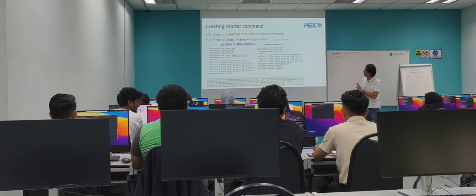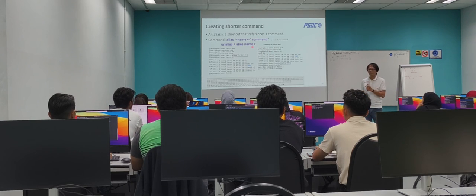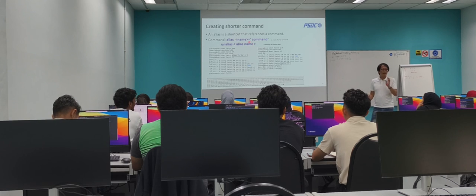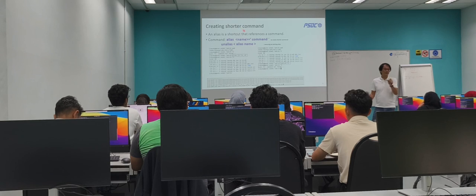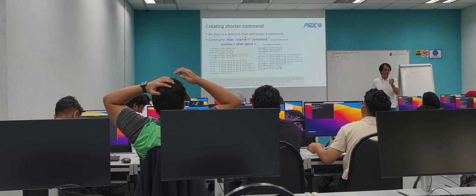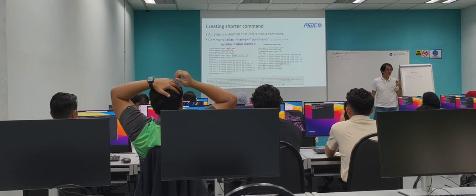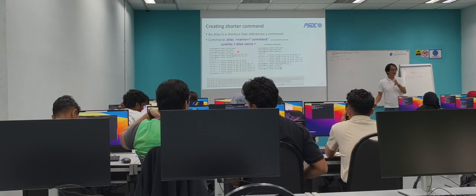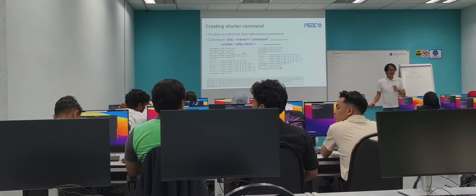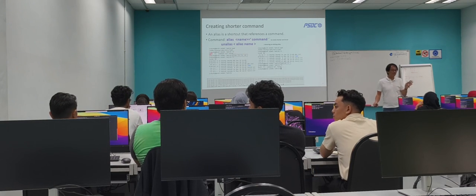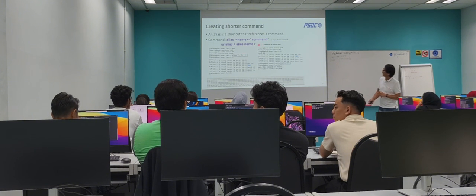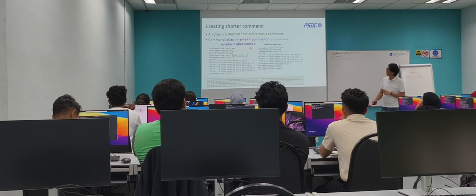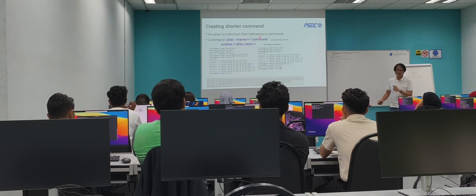So alias, this creates a shortcut command, right? Your alias is the new name that you want to assign, any name you can think of that you can remember. Let's say I use LL. The name has to be different from the Unix command, right? And then equal to the command. So this is to make the shortcut, and this is to undo the shortcut.